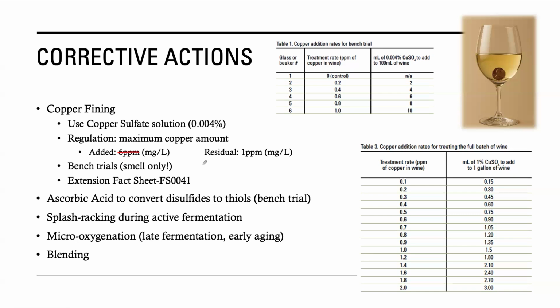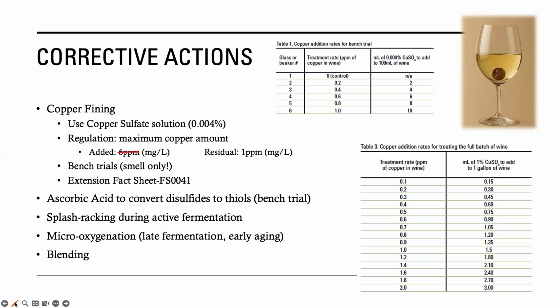If you need to add slightly above 1 ppm, that's fine, but you need to be very careful. And if you add above 1 ppm, the TTB does require that you have documentation that you have tested and your residual is at 1 ppm. So be very careful with adding copper.